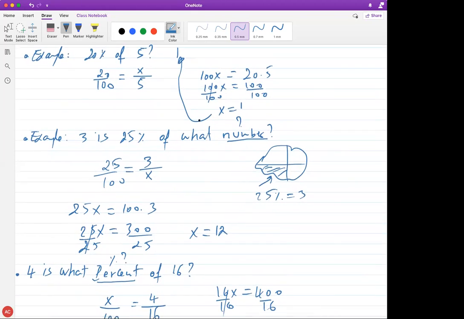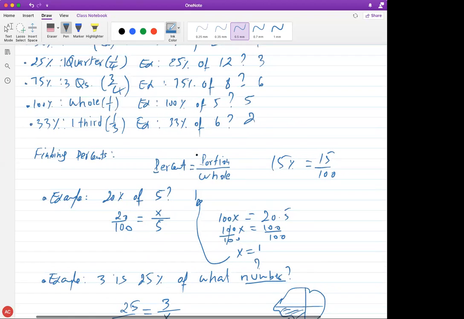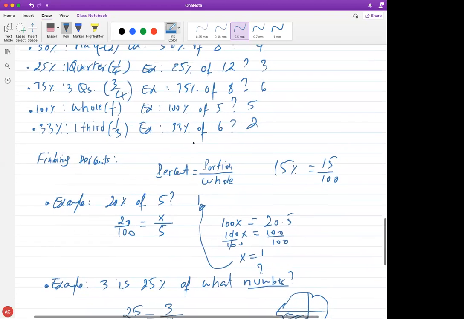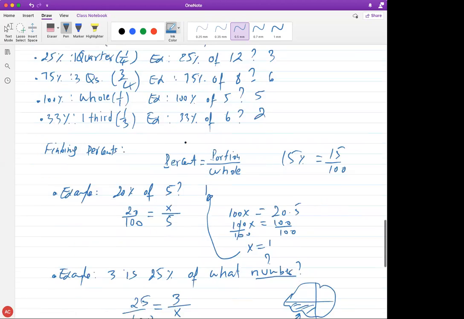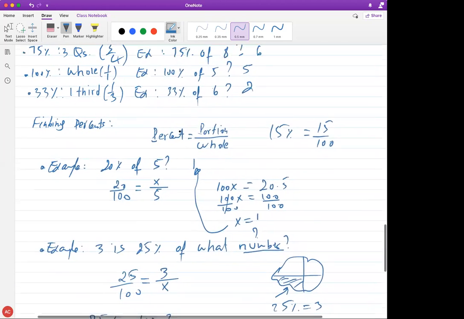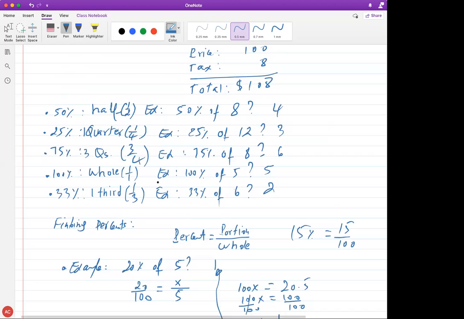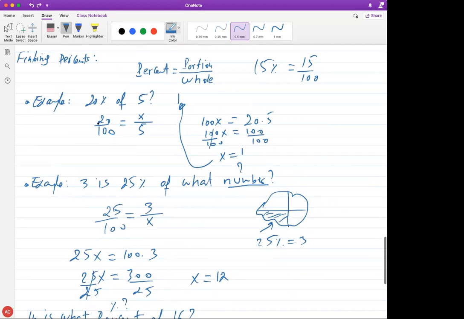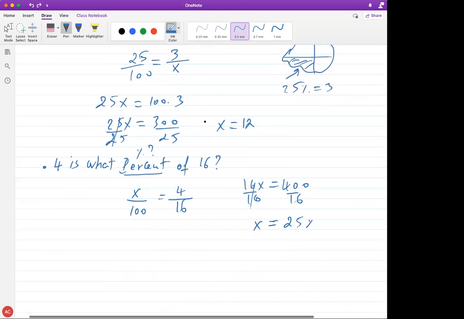And that's pretty much how you solve problems involving percents using equations. Be familiar with them. It's going to be easy. Just turn the problem into a short, easy equation, cross multiply it, and you'll get your answer.